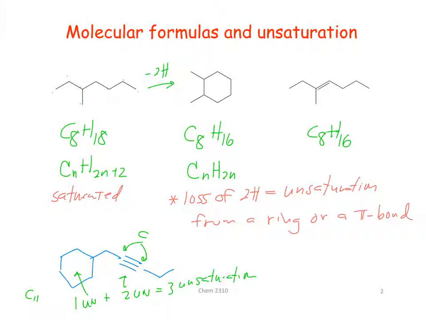If it was saturated, we would have 2 times 11, 22, plus 2 is 24. Right, so we have 3 unsaturations though, so for each of those we lose 2. So 24 goes back to 22, goes back to 20, goes back to 18. Alright, so we could figure out the number of hydrogens just based upon the unsaturations. Alright, let's just look at one more.